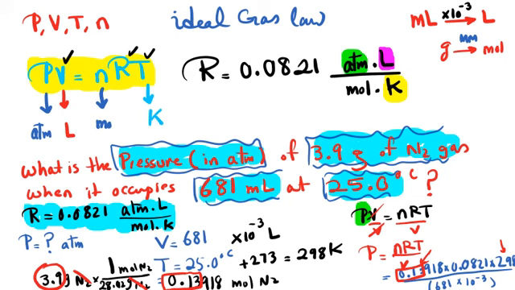So our number must be reported with two sigfigs because this number has two sigfigs. Right now, let me see. It looks like our pressure is 5.0 times 10 to negative 6. So let me write like this.